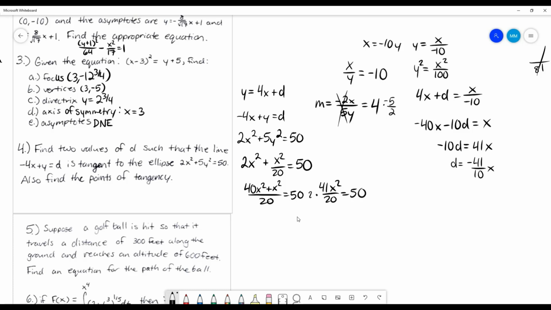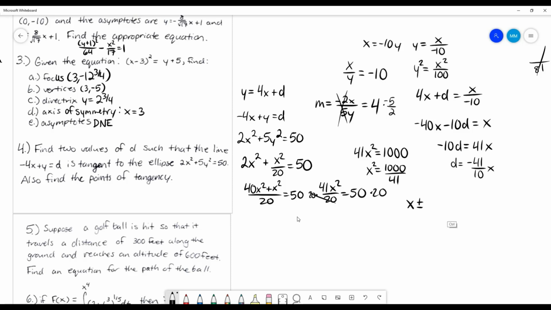I'm going to multiply both sides by that 20. So, big numbers. 41x squared equals 1,000. So x squared equals 1,000 divided by 41. x is going to be plus or minus the square root of that.